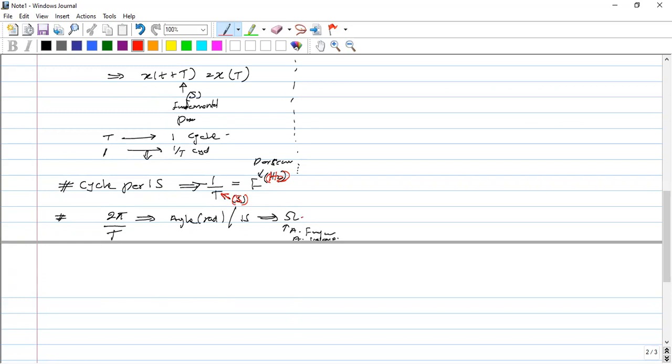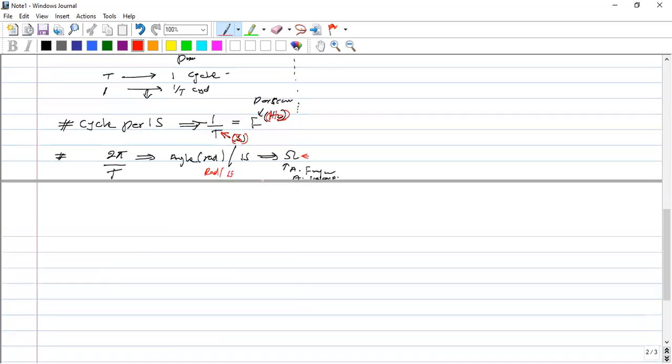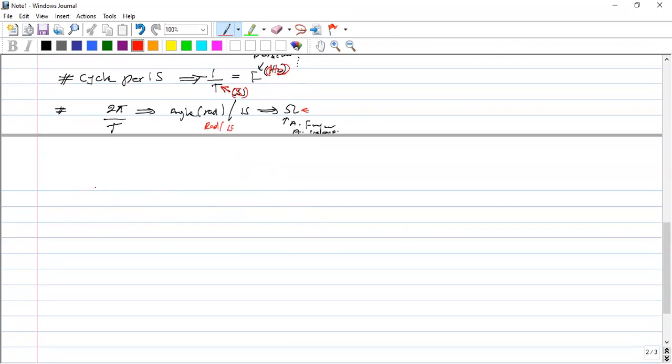The angular velocity omega has the unit radians per second. If I summarize all three together, we have 2π/T equal to omega, which is equal to 2πF. Omega is in radians per second, F is in hertz, and T is in seconds. So we already know this.